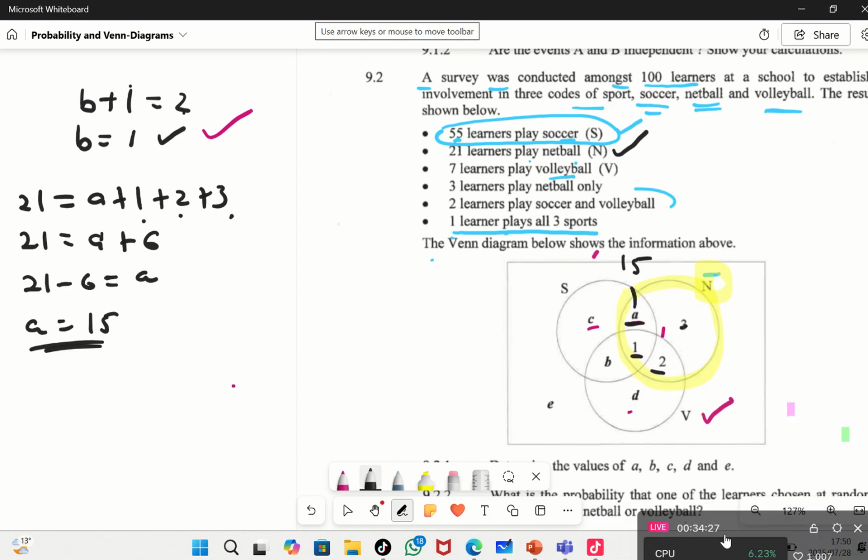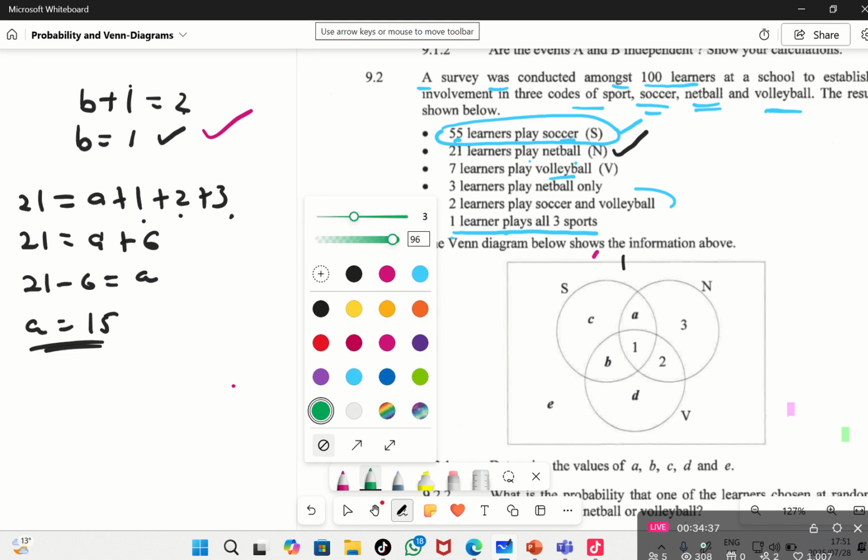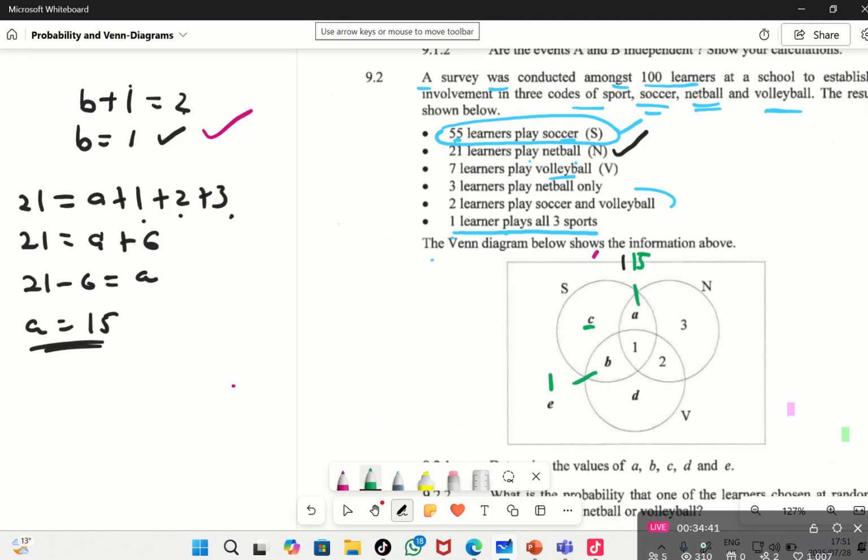Let's move on. We've established that A equals 15 and B equals 1, so we can find C. How are we going to find C? We're told that the total number of learners playing soccer is 55. Which means A plus 1 plus B plus C must give us 55.